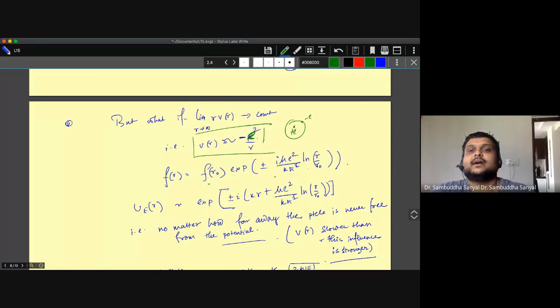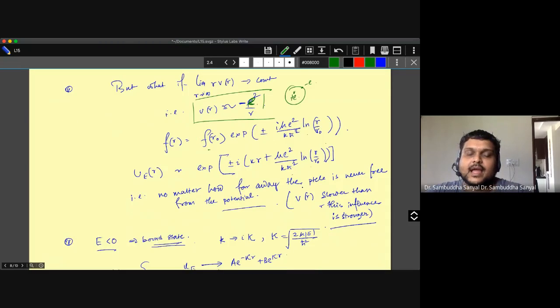So if I plug in this form, I'll get plus minus i k r plus mu e squared by k h-cut squared times log r by r_0. And this is the interesting structure of this problem: no matter how far you are away from the potential, your solution will always contain the information about the potential itself, because this integral didn't vanish, and this kappa will contain the energy, and the fact that you have this e squared by r potential is hidden inside this structure.